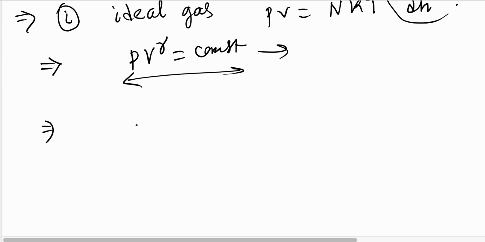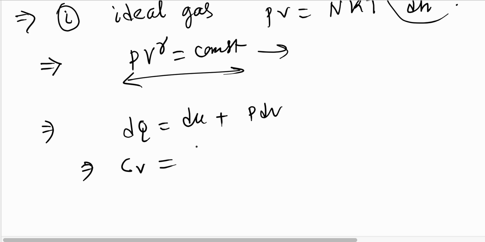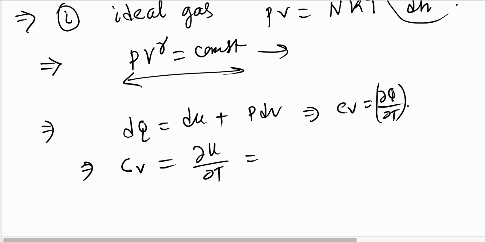We know the first law of thermodynamics. The first law says dQ equal to dU plus PdV. Now for specific heat Cv at constant volume, we know that it is actually del U by del T. Here Cv will be del Q by del T at constant volume. If we keep volume constant, then the PdV term goes to 0, so dU/dT.